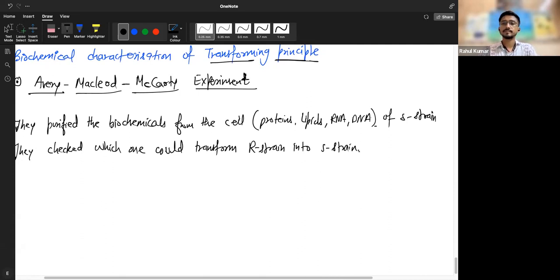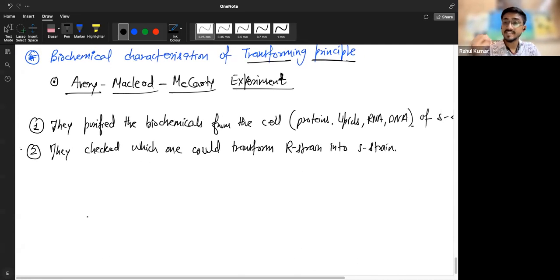Is it clear? You cannot inject things in the bacteria. You can just culture the bacteria in the presence of it. Okay, at that point, at that time.